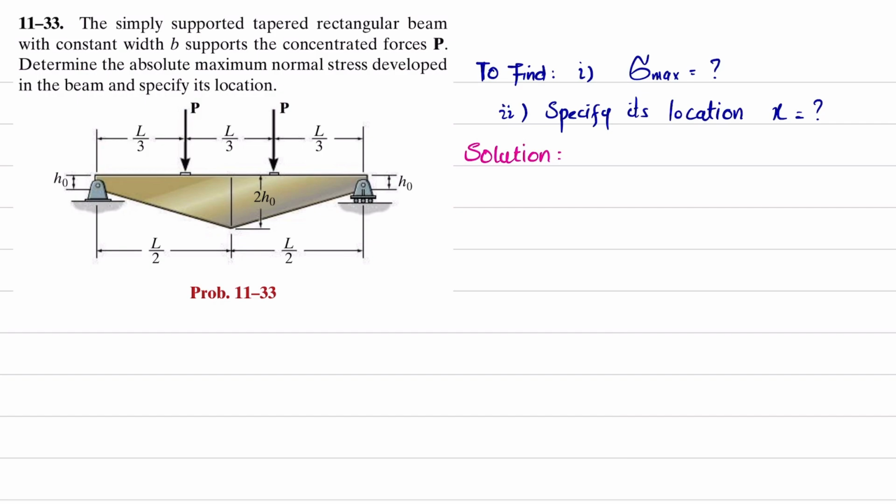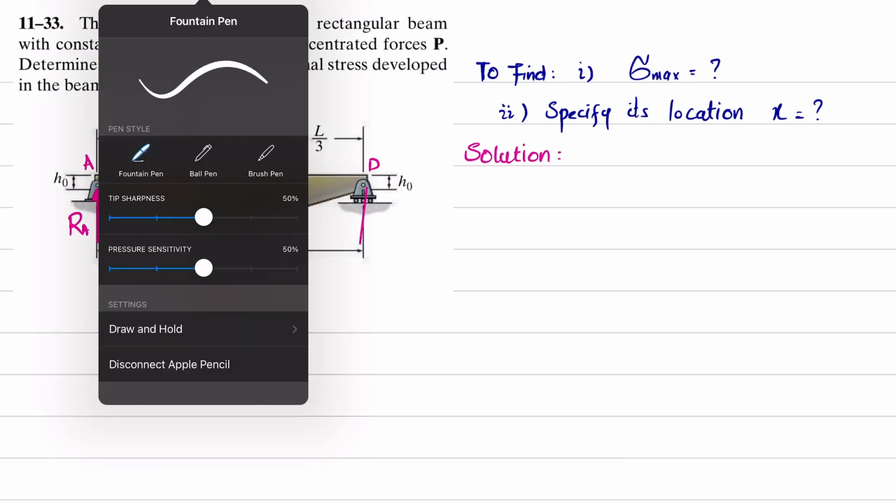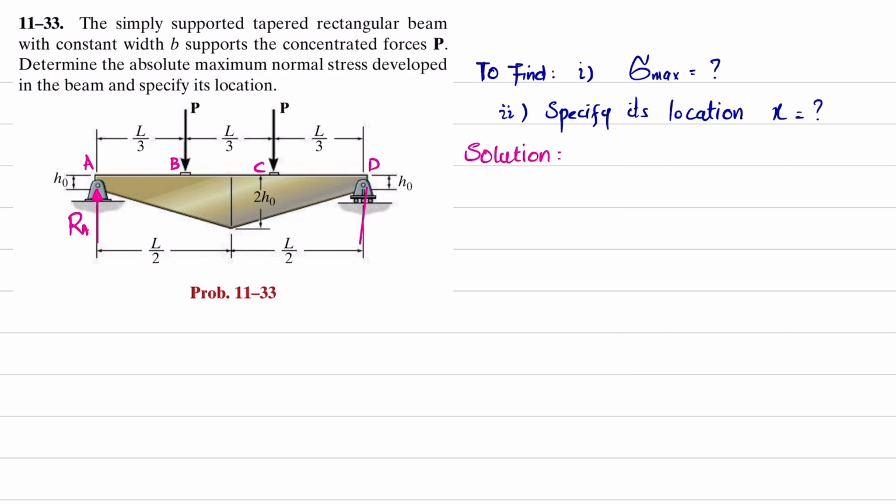The first step is to find the reaction forces. Let the reaction force at point A be RA, and this is point B, this is point C, and this is point D. If you remove the support at point D, you will have a reaction force at point D, this is RD.